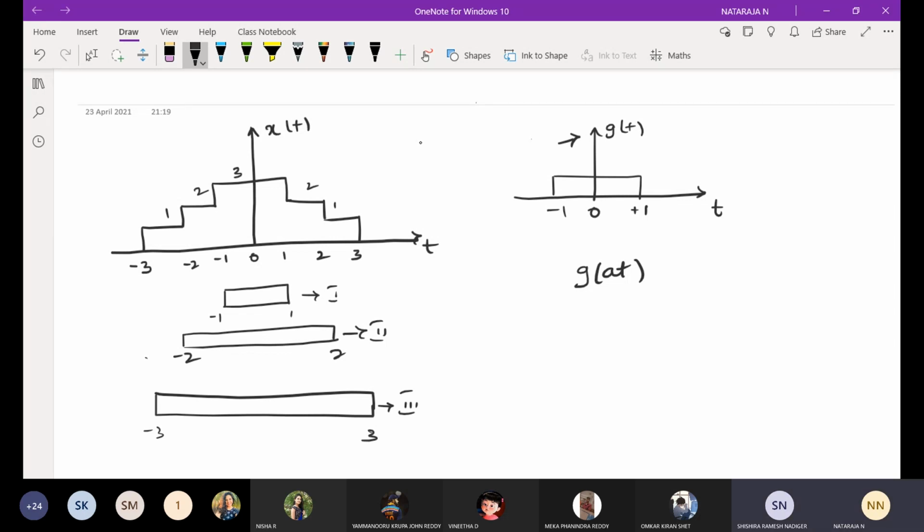Sir, g1 of t plus g2 of 1 by 2t plus g3 of 1 by 3t. Yes, correct.